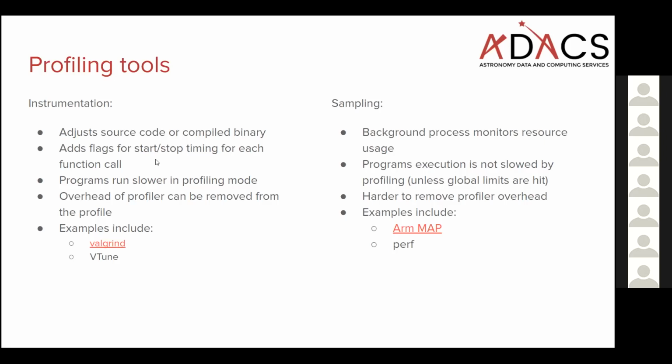And so as the code gets run, all of those little messages get passed off to a parent process, which collects those together into a log. And then at the end of the day, it will tell you how much time and resources were spent in different parts of the program.